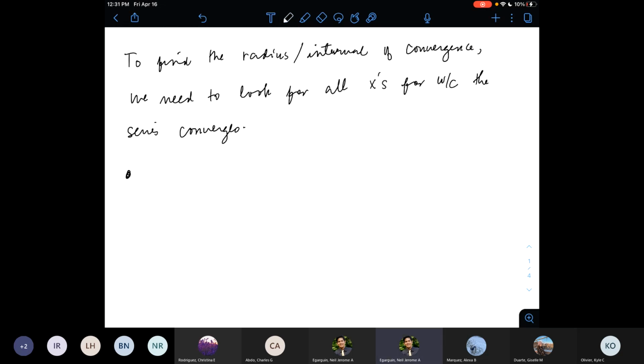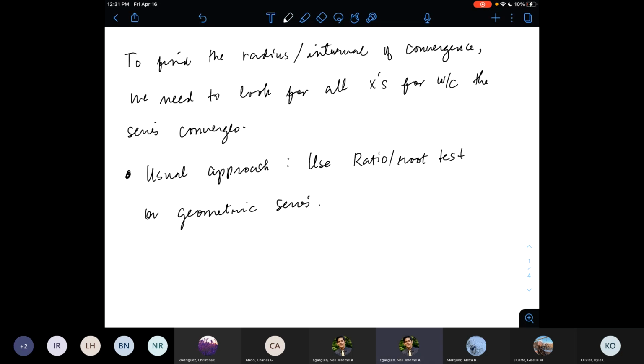And the usual approach is to use the ratio or root test, or in some cases, we can also use geometric series. And perhaps this is better illustrated using examples. So let's try some examples.